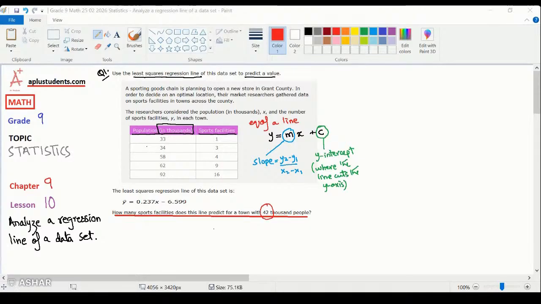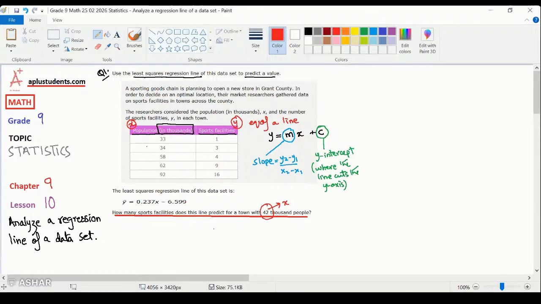What we can do is we can substitute, because this is the value of people, right? This represents the value of x, and these were the values of y. So what we can do is we can simply substitute the values of x into the equation and we can find the approximate value of y, okay?